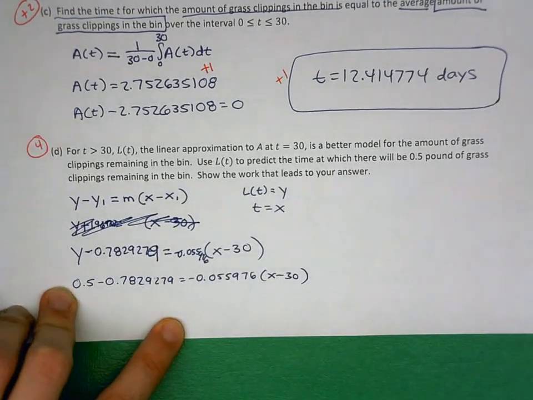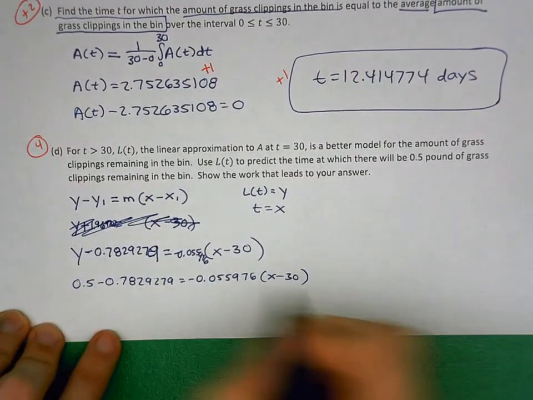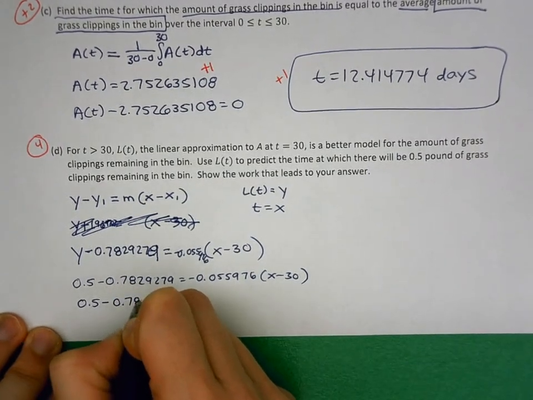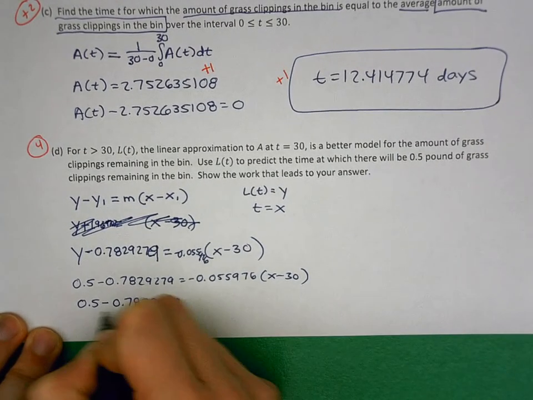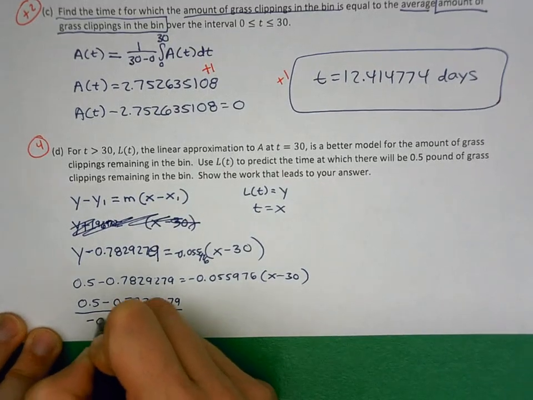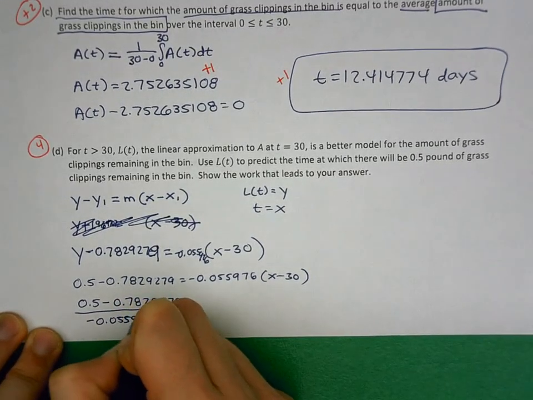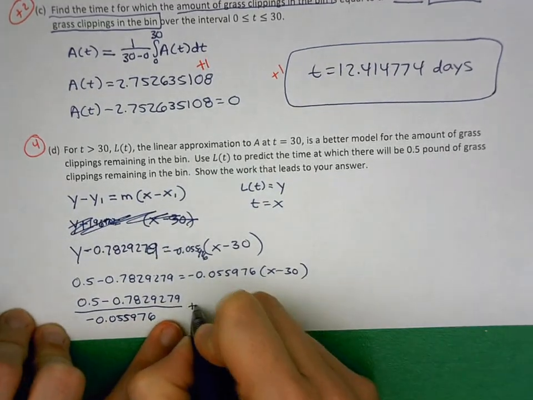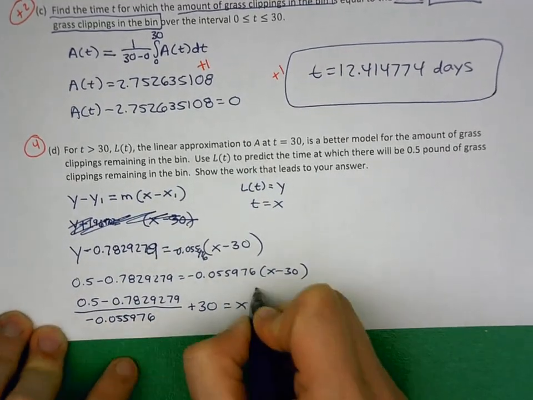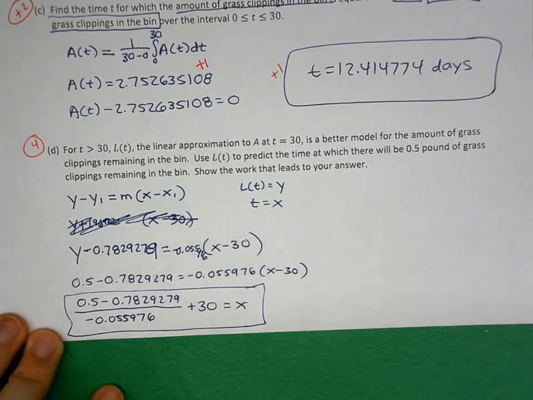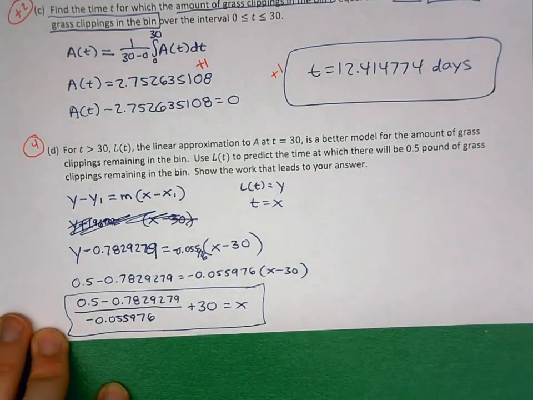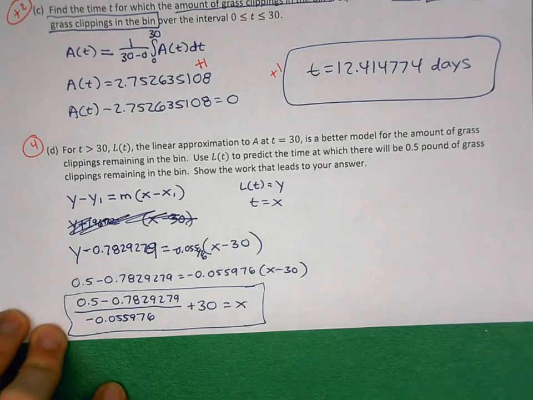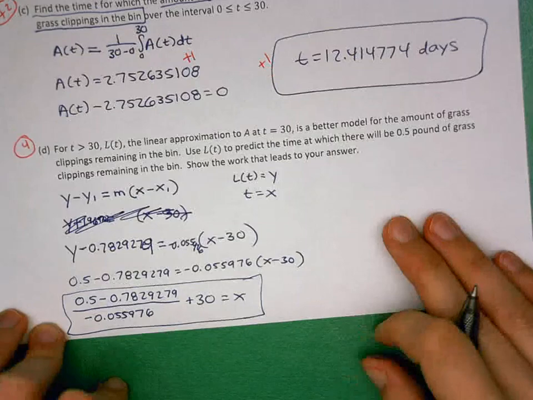And then dividing this underneath, we have 0.5 minus 0.7829279. And then we'd be left then with the x minus 30, adding the 30 over, we'd get our value of x. Okay? And then if you were to plug that into your calculator, it would give you 35.054, approximately speaking.